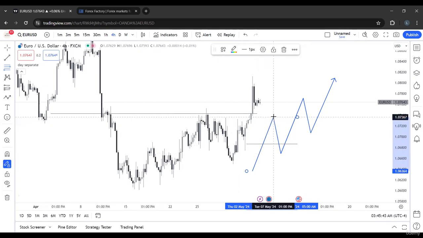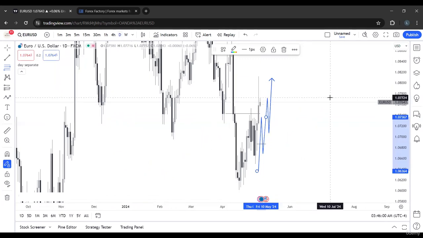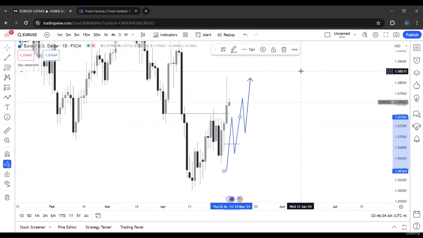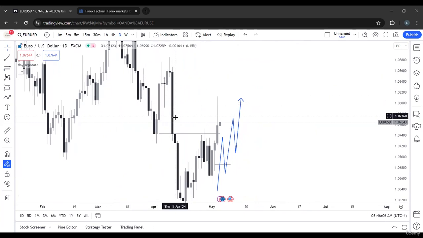And price always has to trade down into a discount area before it can push again, right? So what I'm trying to say is, we have this dealing range that we're conscious about, and we see that as an area that's pulling price. If you go back to the daily chart, see that as an area that's pulling price, and price is looking to rebalance this.